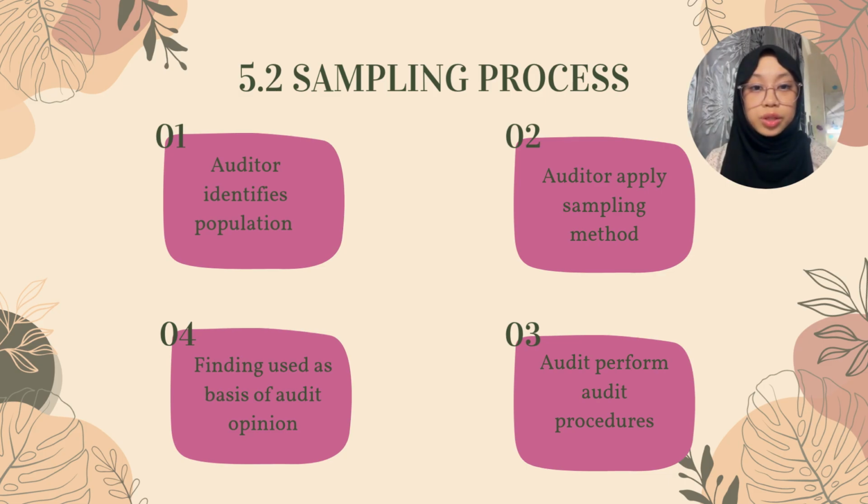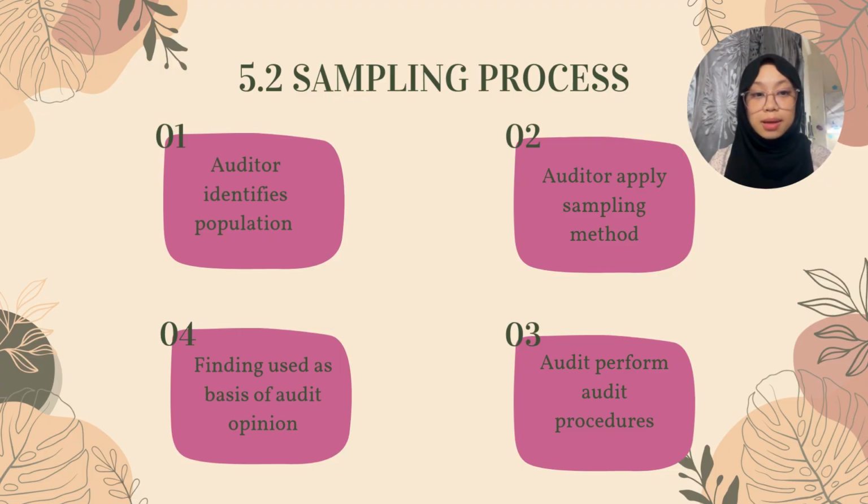First, the auditor will identify the population, which means deciding which transactions or account balances will be tested. Second, the auditor chooses the sampling method, either statistical or non-statistical sampling. The third one is that the auditor will perform audit procedures on the selected samples, such as inspection or confirmation.